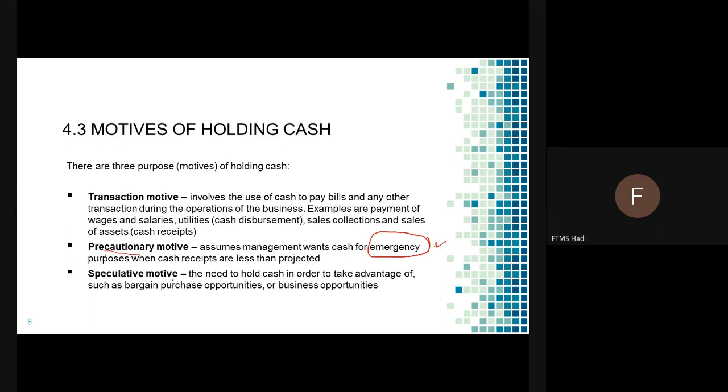Companies also have emergencies, for example penalties or fees, or a court case, where the judge will give a sentence to the company because of breach of contract.